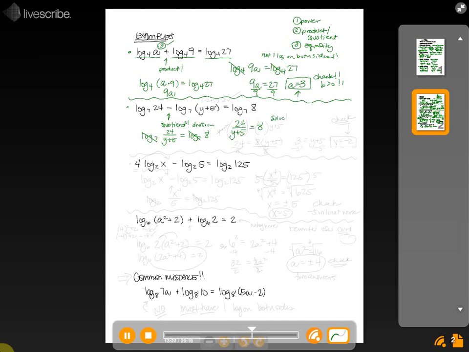And now we're going to solve it. To solve this one, we want to get rid of the fraction here on the left. So we're going to multiply both sides by y plus 5. That will cancel those out, and we have 24 equals 8 times (y plus 5). Now at this point you could do one of two things. You could distribute your 8 through, and then subtract and then divide by 8.